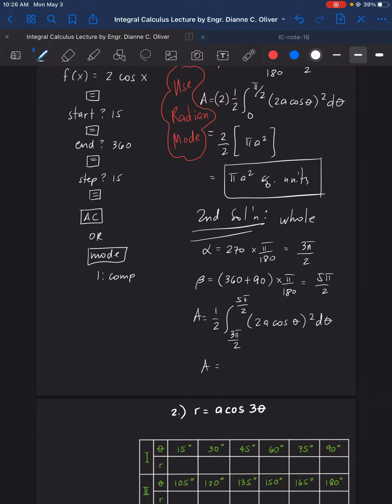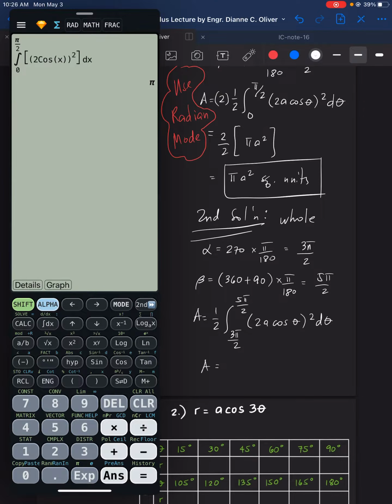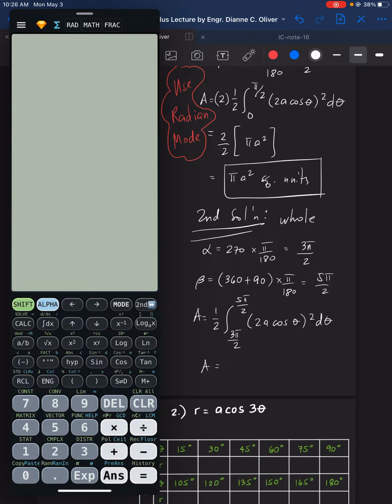So area now is equal to, I will just have to repeat, 2 cosine x squared. Sorry about that. We have here 3 shift pi over 2.